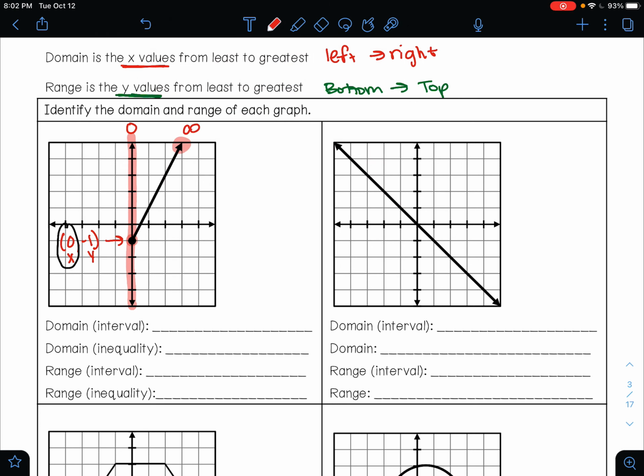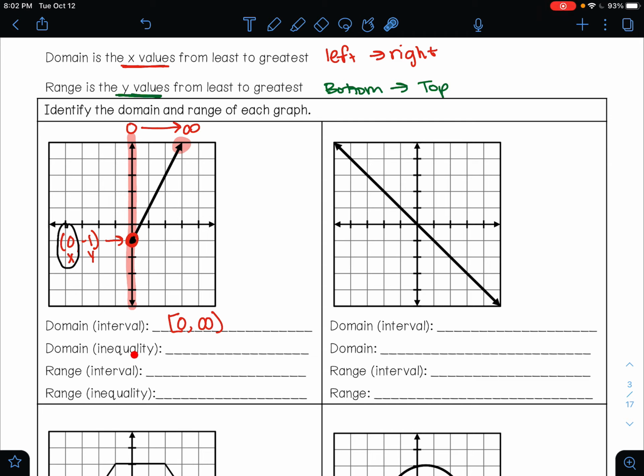So my domain from left to right is from 0 to infinity. 0 was at a closed circle, so 0 gets a bracket. Infinity always gets a parenthesis. So that's how you write that in interval notation, from 0 to infinity.